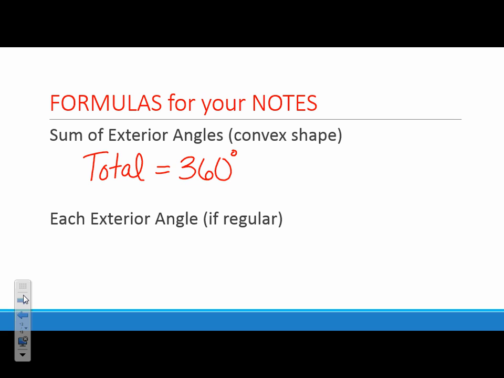So that means if it's regular, if I want to find out what each angle is, then I would say each angle equals 360 divided by however many there are. Okay, so exterior angles are a little bit less complicated than interior angles. They have to always have a total of 360 no matter how many sides. And then we can just divide to find each missing one if we're talking about a regular shape.